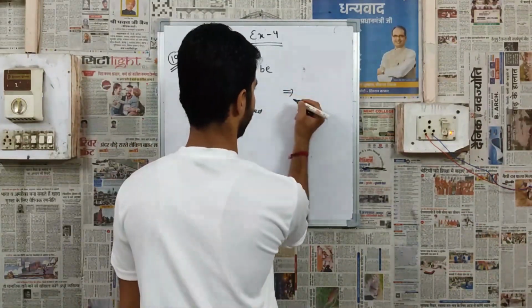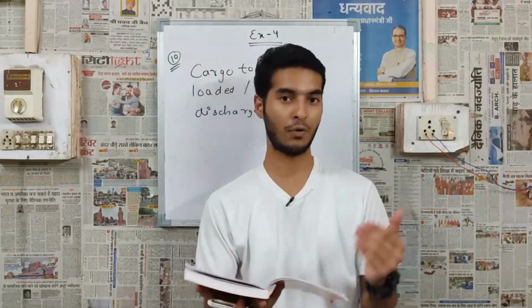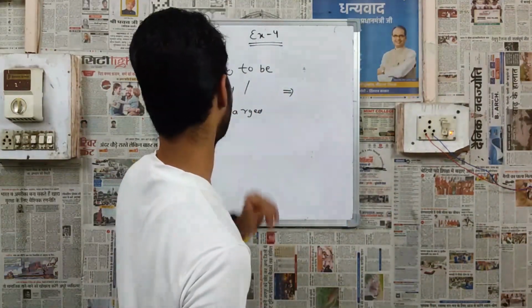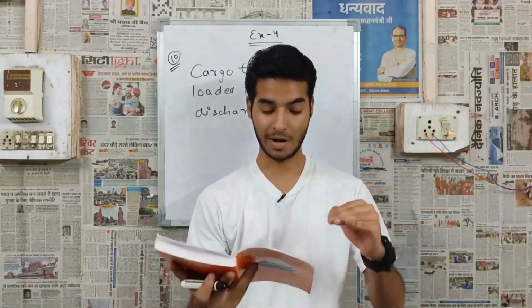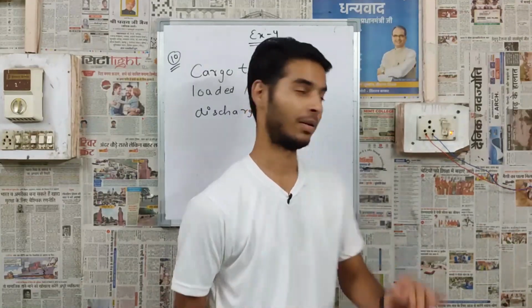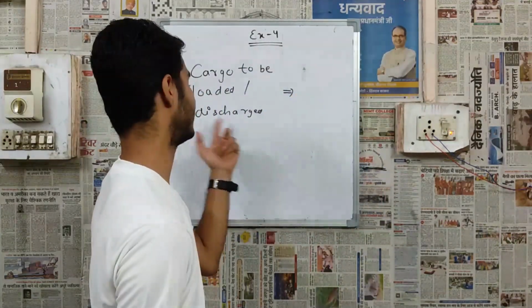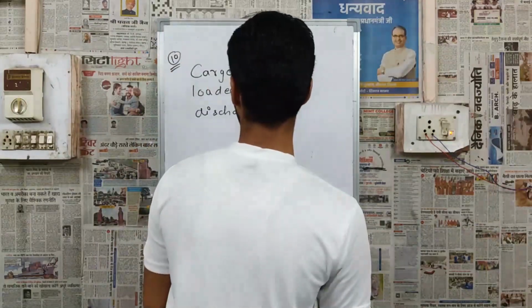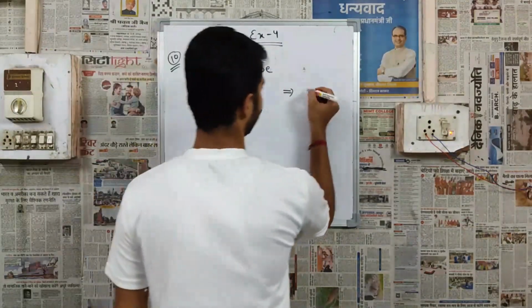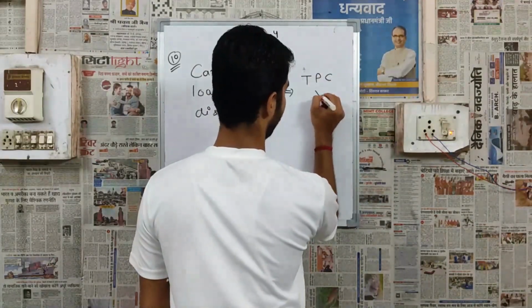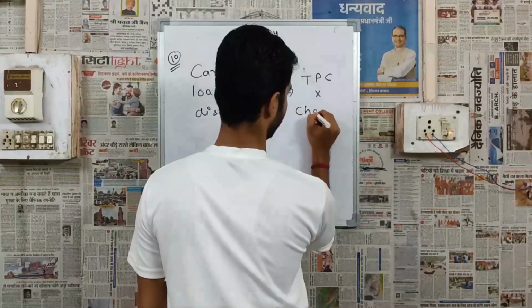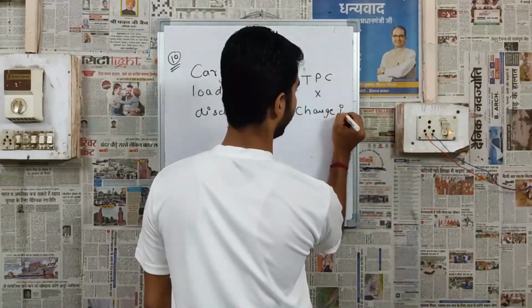It depends on your question. Like in this question, our ship is at 8.2 meter draft and we have to bring it to 8.4 meter, so we have to load the cargo. But if the ship is at 8.4 meter draft and we have to take it to 8.2 meter, the formula is the same, but the discharge value will be used. So cargo to be loaded or discharged, when the TPC is given, is TPC multiplied by change in draft.